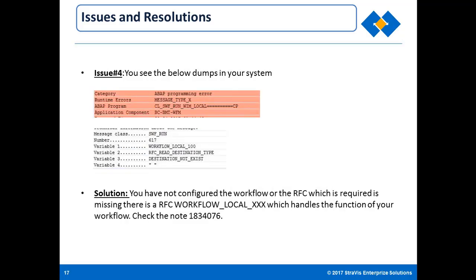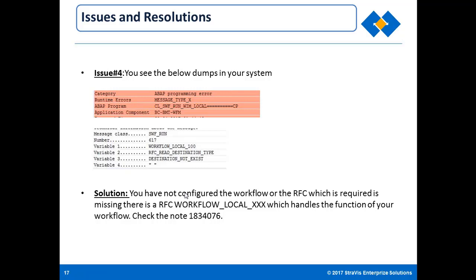These are a couple of common issues that you would be facing when you see a dump. You see a dump which is referring to an ABAP program, CL_SWF_RUN_WIM_LOCAL, which says that your workflow configuration is not made or it's not configured appropriately.